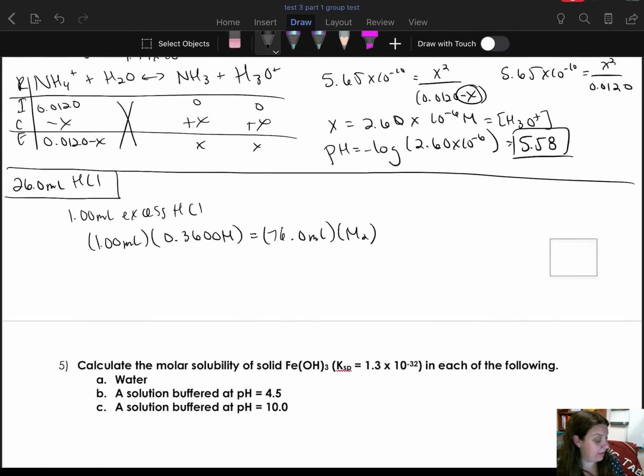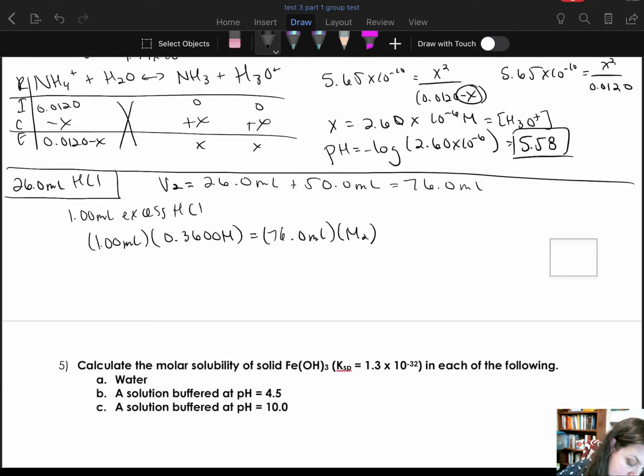76, sorry, 76 milliliters. So our V2 is the 26.0 milliliters plus the initial 50.0 milliliters, giving us a total of 76.0 milliliters in our solution at this point.